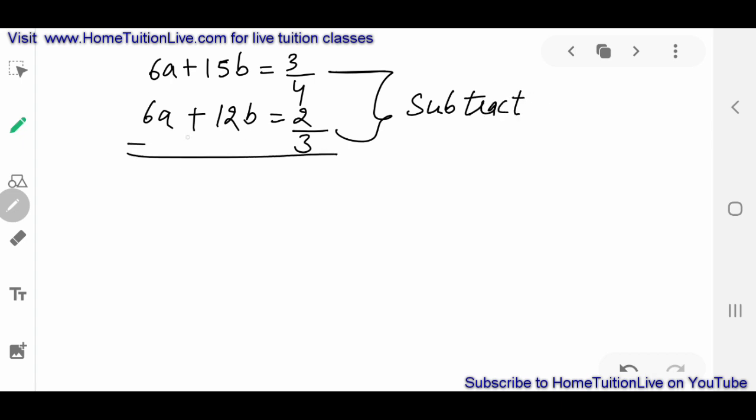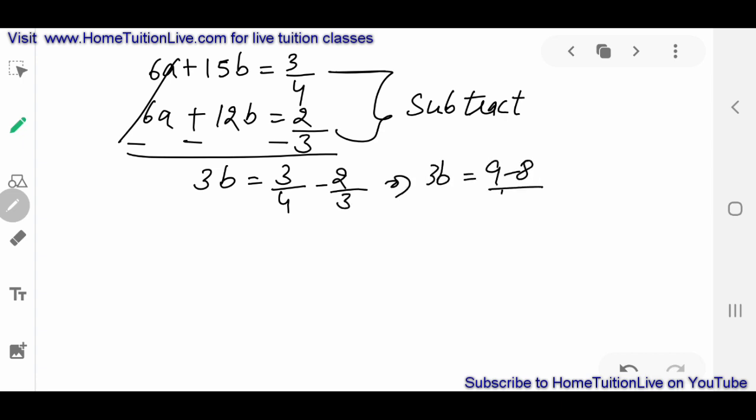When we subtract these equations, we get 3B equals 3 by 4 minus 2 by 3. That is 3B equals 9 minus 8 upon 12. That is 3B equals 1 upon 12. That is B equals 1 upon 36.